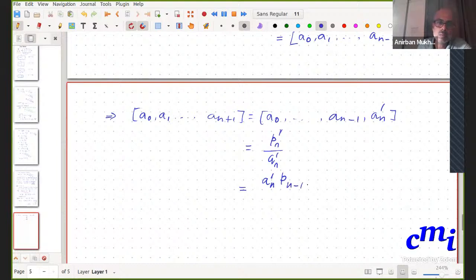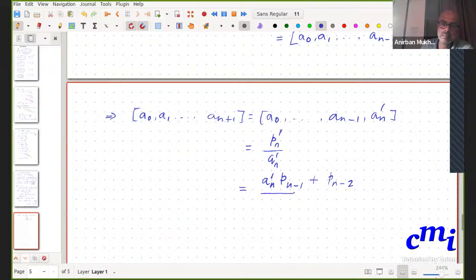So of course here an important observation is that the pn is going to be different. That's why we wrote pn dash, but all previous ones are exactly the same as the original continued fraction, because they all use the partial quotients up to an minus 1, so they would all be the same.